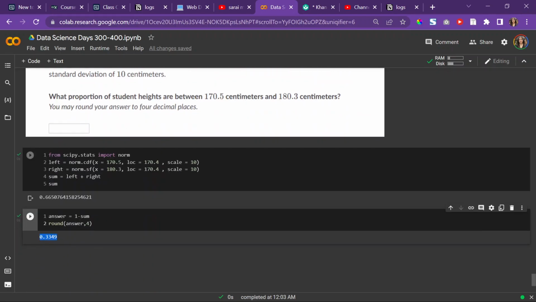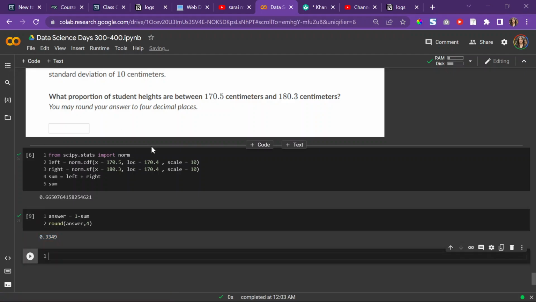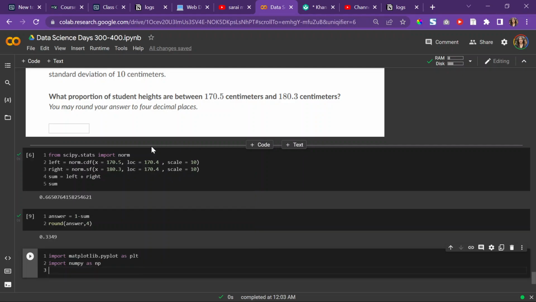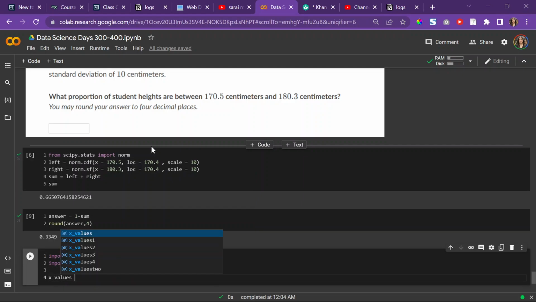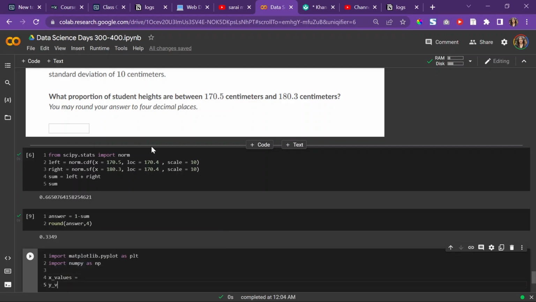First though, I want to make a graph to visualize what I just did here. So for this, I'll have to import matplotlib.pyplot, which is a graphing library, and I'll also import numpy, which is going to help me get my x values. So in a graph, you have x values and you have y values, right?